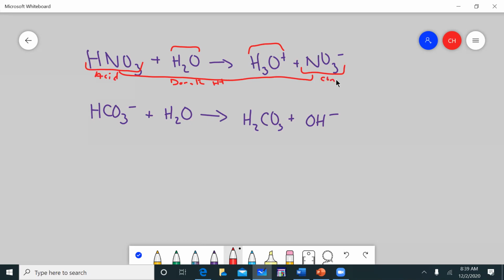This has to be its conjugate base. And then I don't even really need to ask what's happening here, because if this is an acid, this has to be a base, but let's ask anyway. What is happening here? This is accepting H plus. So this makes it a base. And this is its conjugate acid.